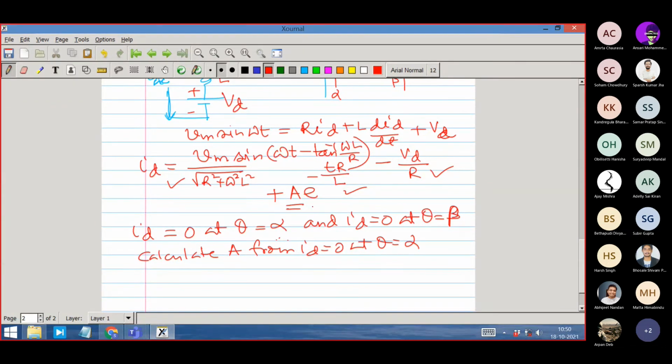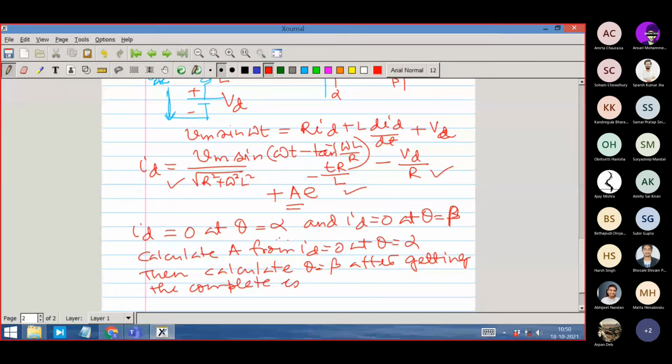Calculate A, then calculate theta is equal to beta after getting the complete expression of the current, right?